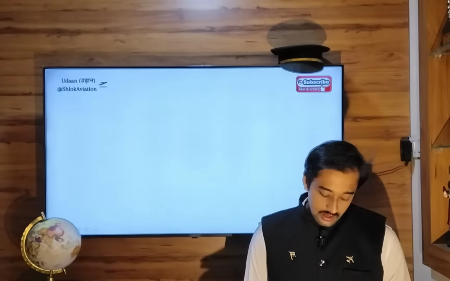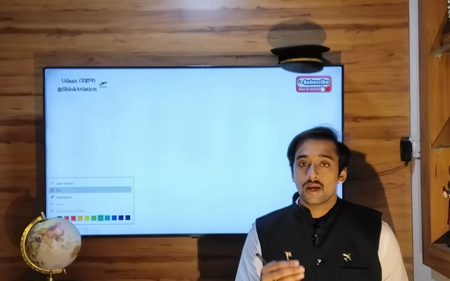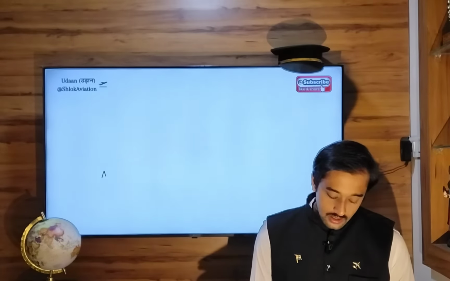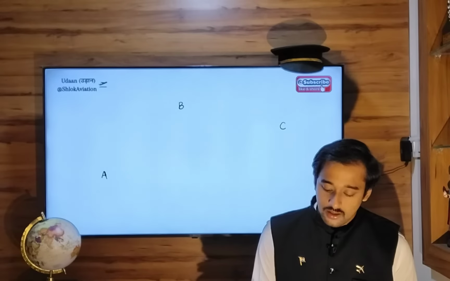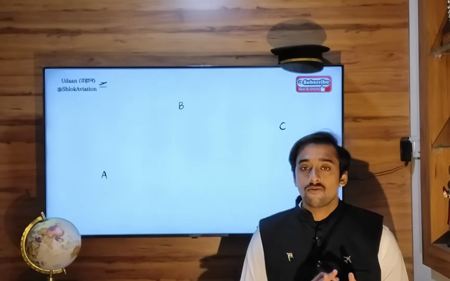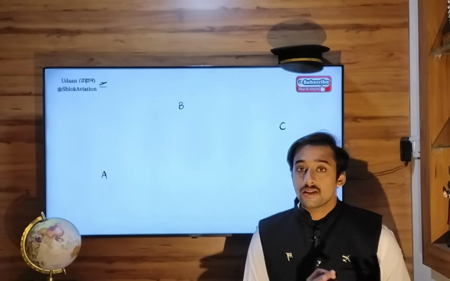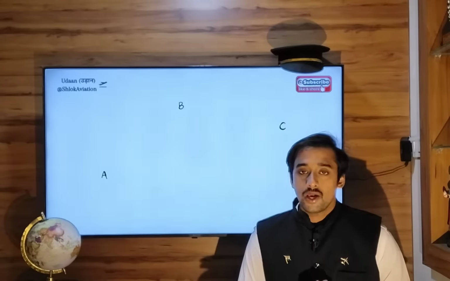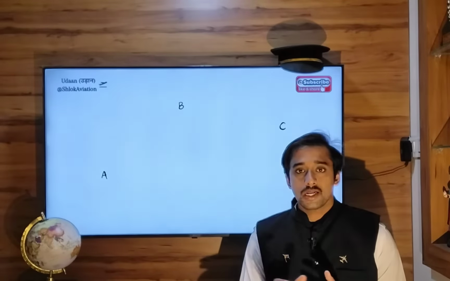Now, whenever you start flying for IFR, you will be tracking from one place to another using VORs. So let's say this is your position A, this is your position B, this is your position C. Now we do have RNAV, FMS, these advanced technological systems, but in the previous times when this technology wasn't available, we used to track by VOR, follow a VOR radial from one place to another, and then go to your destination.